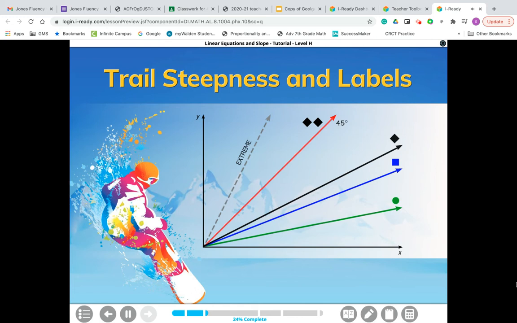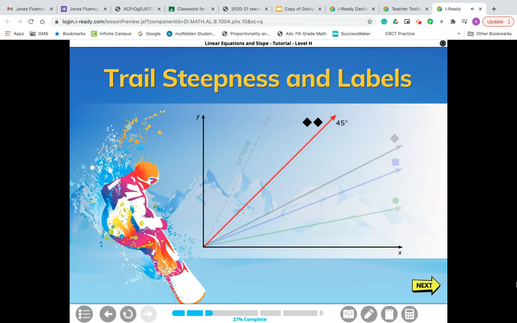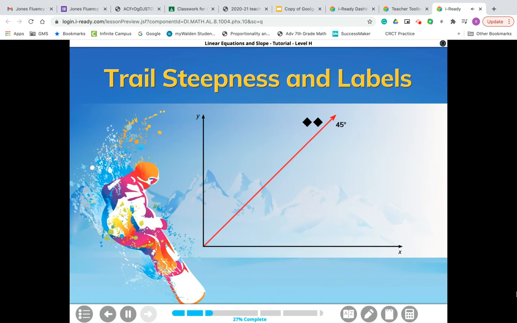Yeah, I get the math. The slope of the green line is less than the slope of the other lines. Right. Check this out. It says the red line representing the double black diamond trail has an angle of 45 degrees. Oh, this one time in math club, we talked about how a 45-45-90 degree triangle is an isosceles triangle.